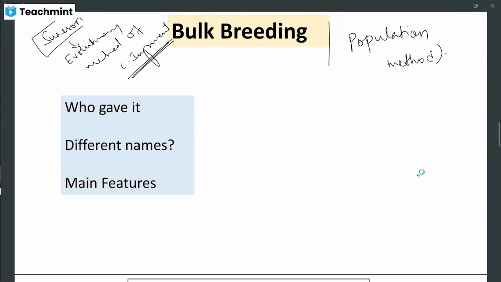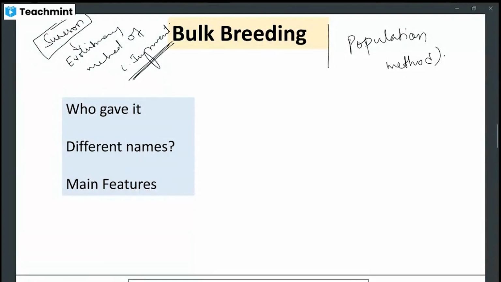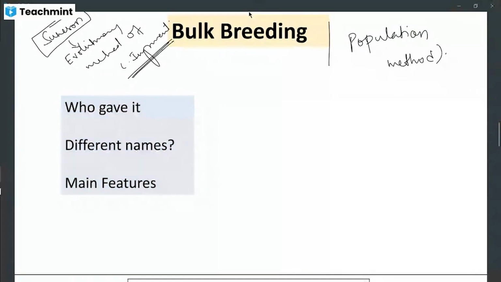So can anyone guess why it is known as the evolutionary method of crop improvement? Both natural selection and artificial selection operate in it. Yes, bulk breeding involves both artificial selection as well as natural selection.